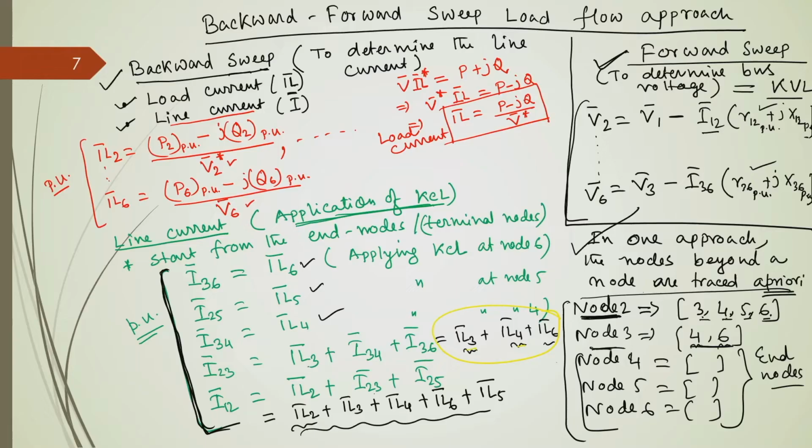And then in this part I discuss two important steps. One is called backward step, another is called forward step, or one is called backward sweep, another is called forward sweep. How to perform these two steps, I discuss considering this example.